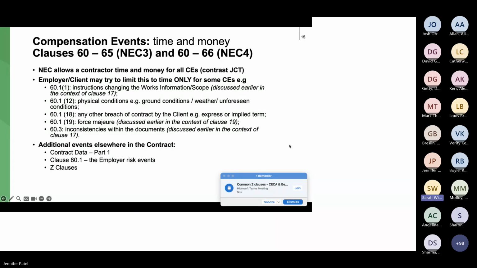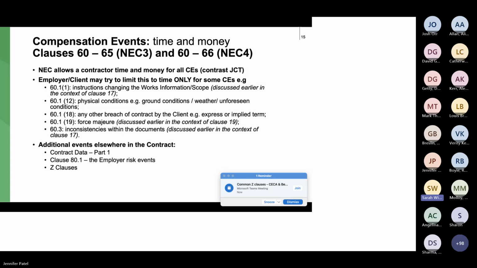If you're familiar with JCT, you will know that there's a long list of items that allow a contractor to claim an extension of time. But for the loss and expense, some of those items entitle a contractor to an extension of time and to loss and expense, but not all of them.